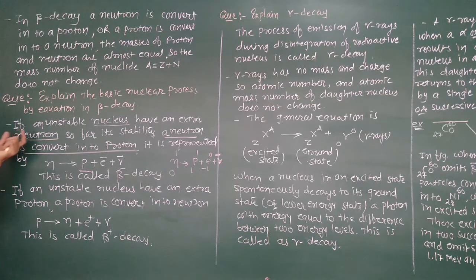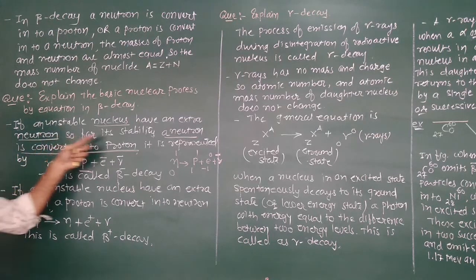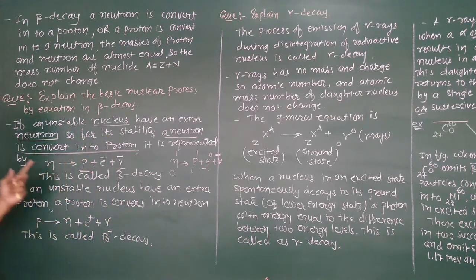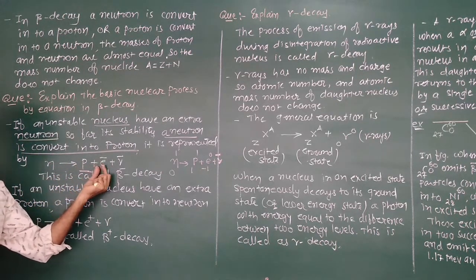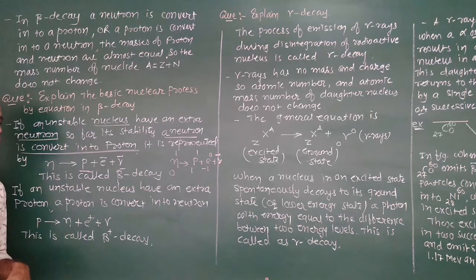Again, if an unstable nucleus has an extra neutron, for its stability a neutron is converted into a proton, represented by the equation neutron converts into proton plus electron plus anti-neutrino.